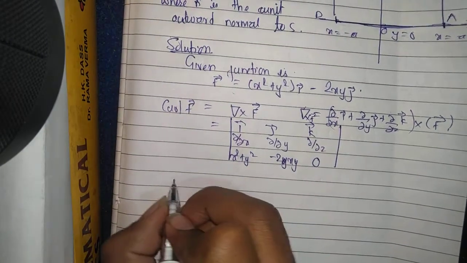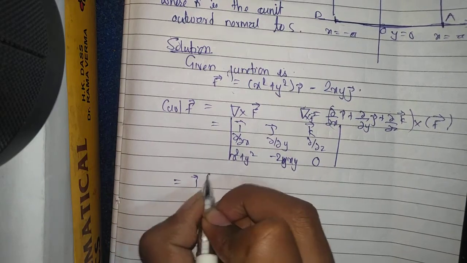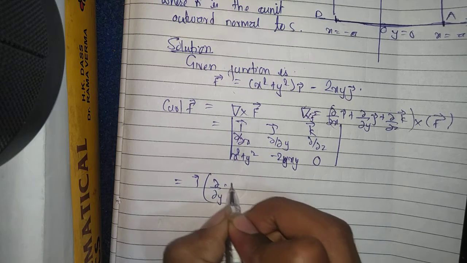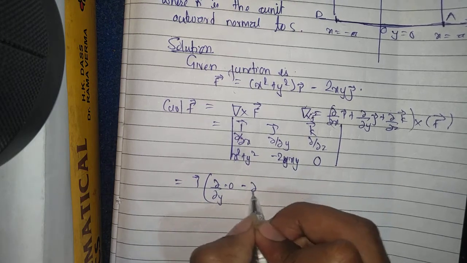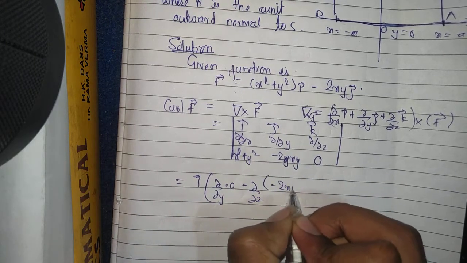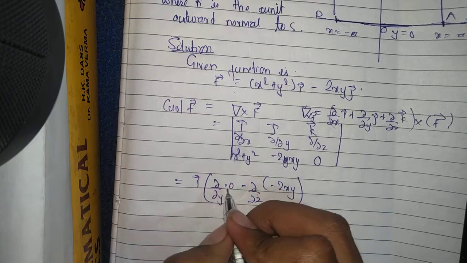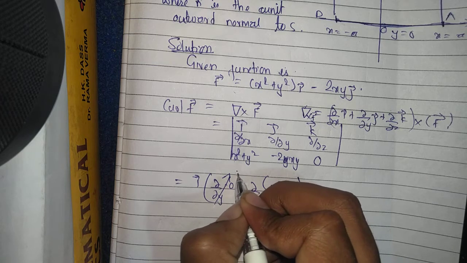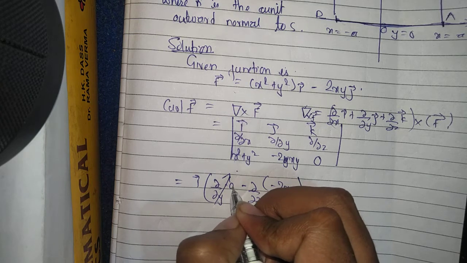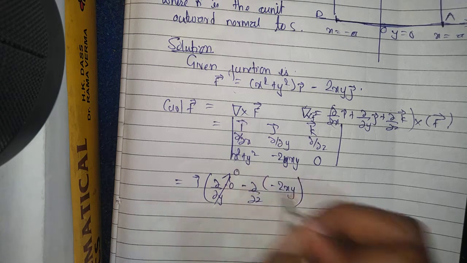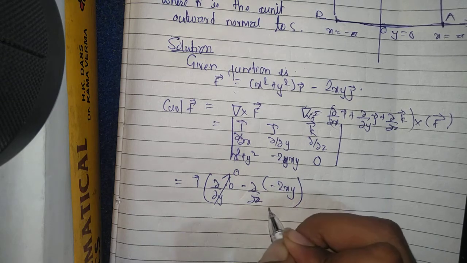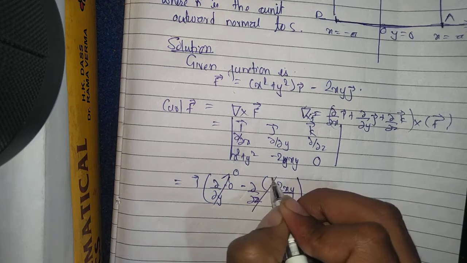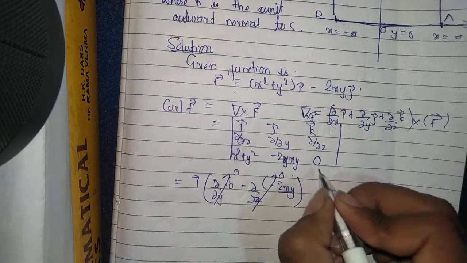Now solving it, along i we get del by del y of 0 minus del by del z of minus 2xy. The partial derivative of 0 with respect to y is 0. Similarly, there is no term containing z, so the partial derivative with respect to z is also 0.